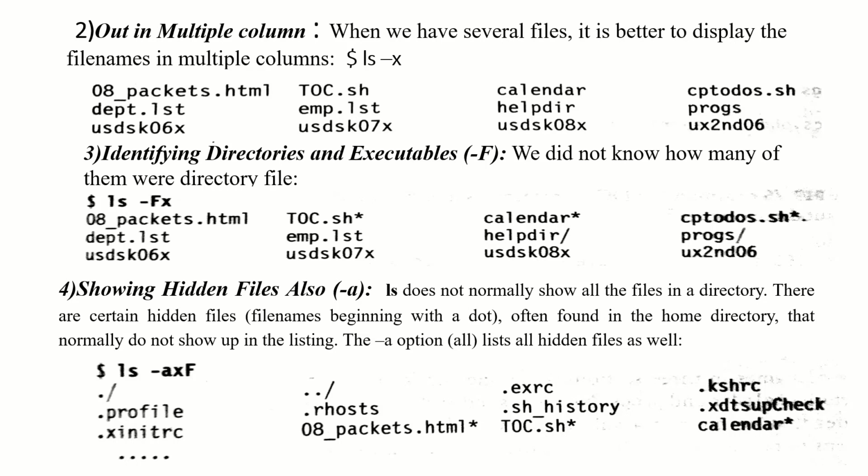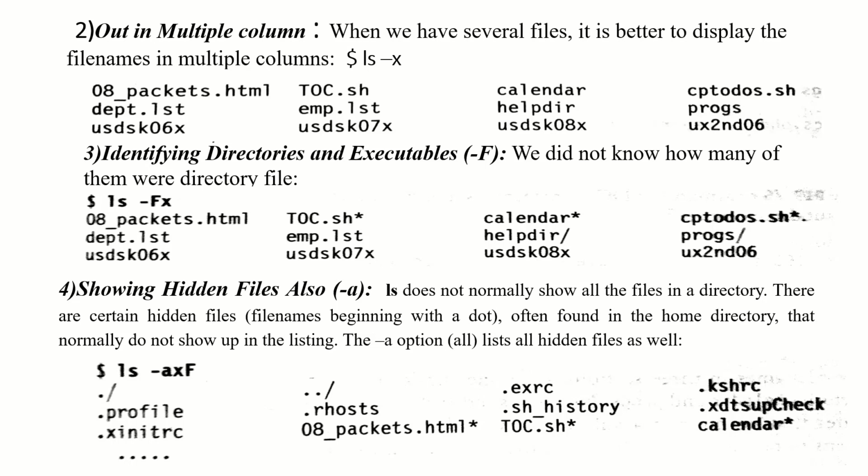Combining the options -F and x provides multiple column output as well. The star indicates that the file contains executable code and / refers to a directory. We can now identify the two subdirectories in the current directory, dir and progs.